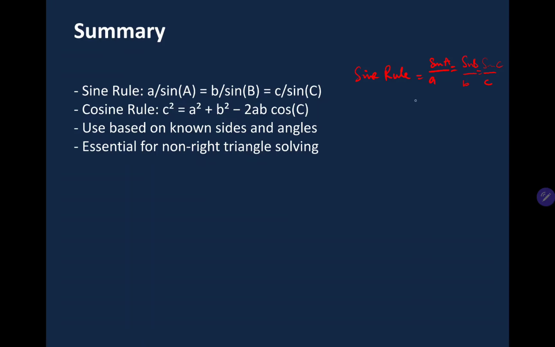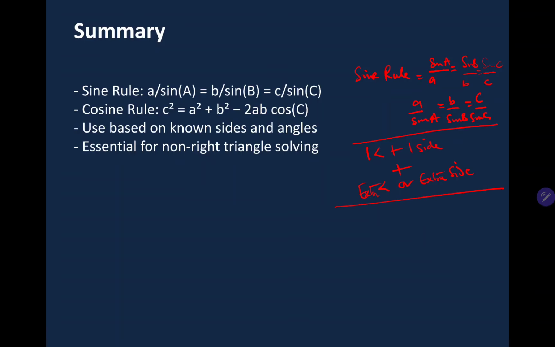But when you are looking for the side, you use A over sine A is equal to B over sine B and is equal to C over sine C. This is for the sine rule, and we say that you can use the sine rule when you know one angle plus one side in addition to an extra angle or extra side. Then you use the sine rule.